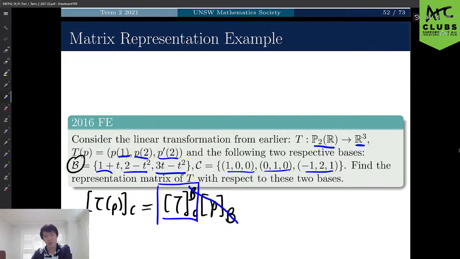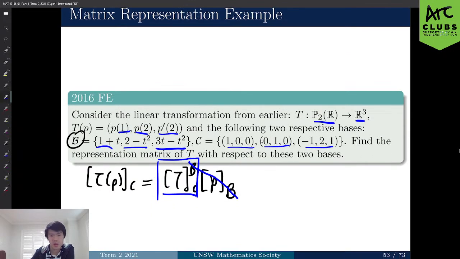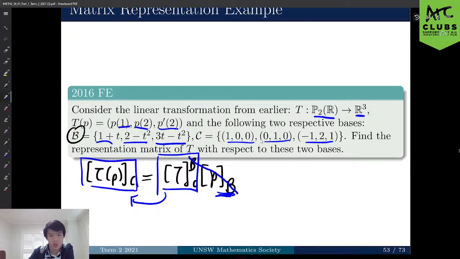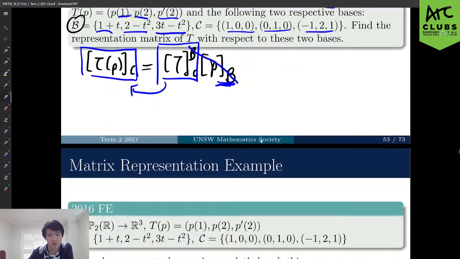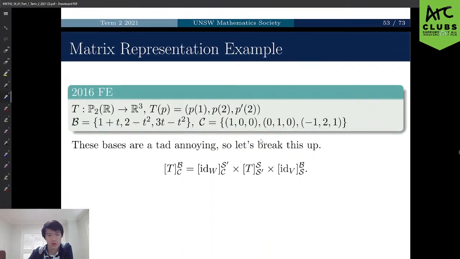We're after a matrix that takes a vector in basis B, then takes its linear map, then takes that answer with respect to the basis C. So those are the kind of steps we're after. The idea is we want to break it up instead.